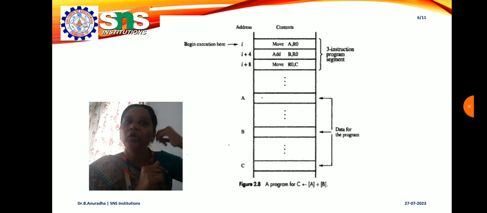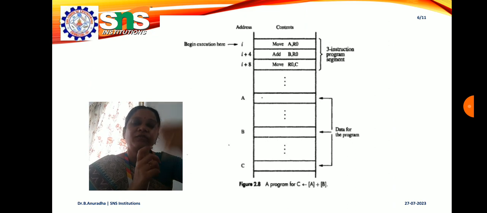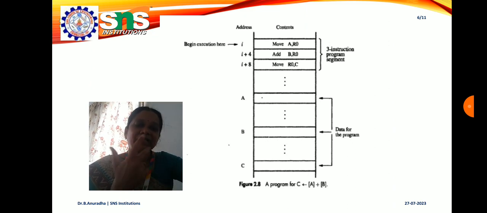As I have told you, PC will hold the first instruction to be executed, and the next instruction will be at location I plus 4. That's why Add B, R0 is present at address I plus 4, whereas the first line, Move A, R0, is present at location I.